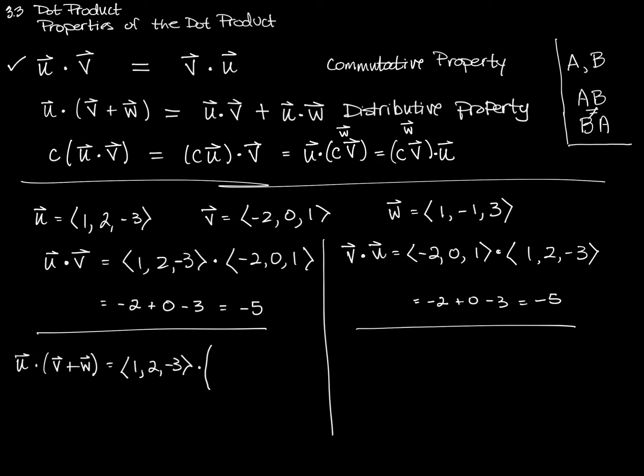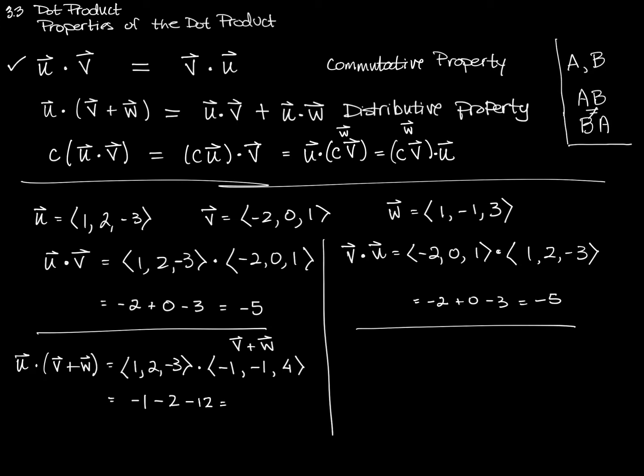This vector I'm about to write will be the result of adding V plus W. And I get that by adding -2 plus 1, which is -1, 0 plus -1, which is -1, and 1 plus 3, which is 4. Now I'll dot those. 1 times -1 plus 2 times -1 plus -3 times 4.